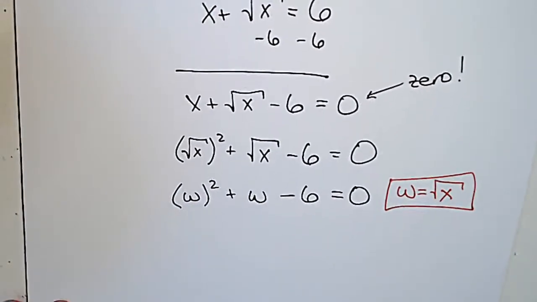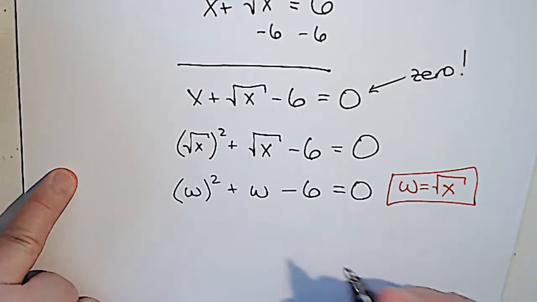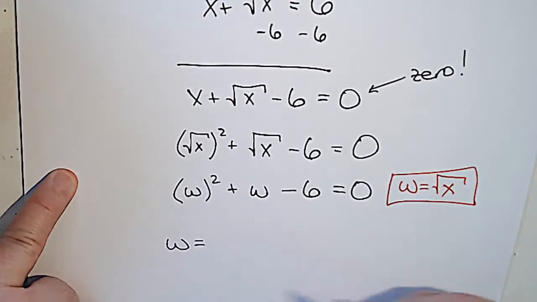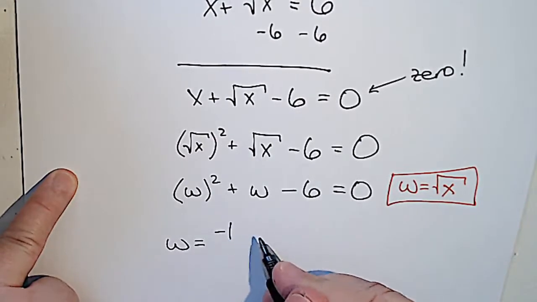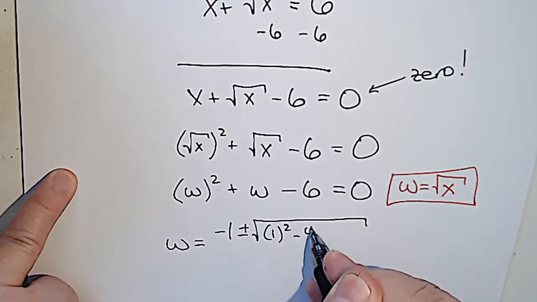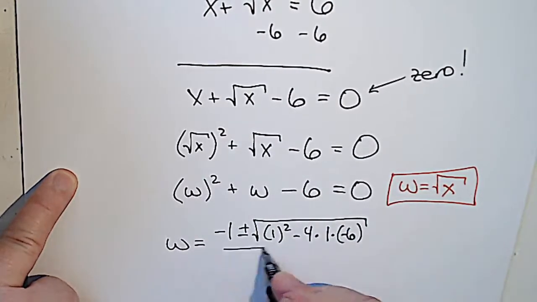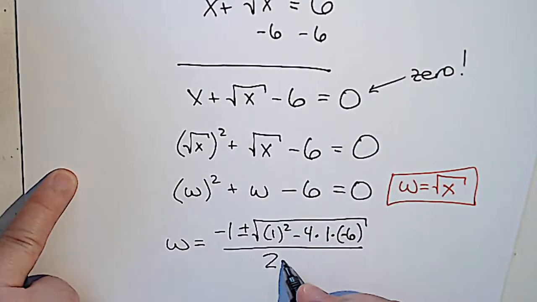So I got W squared plus W minus 6. And you might already know how to factor this, but let's just go ahead and use the quadratic formula. It's the opposite of b, -1 plus or minus radical b squared, 1 squared, minus 4 times a, which is 1, times -6, which is c, all over 2 times 1, which is a.